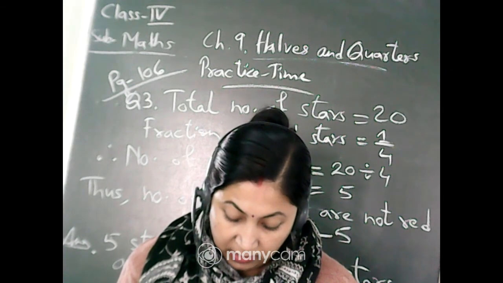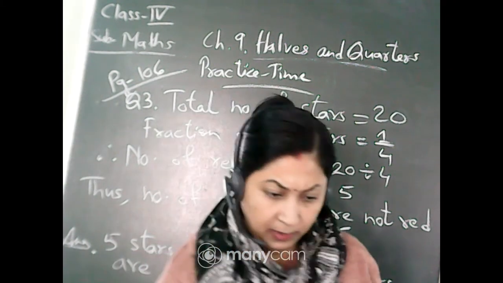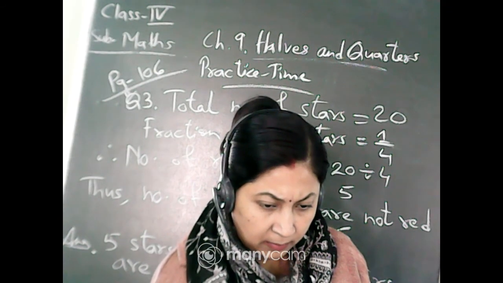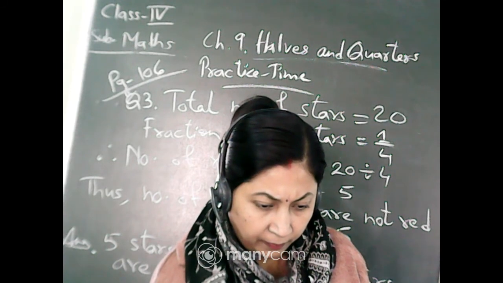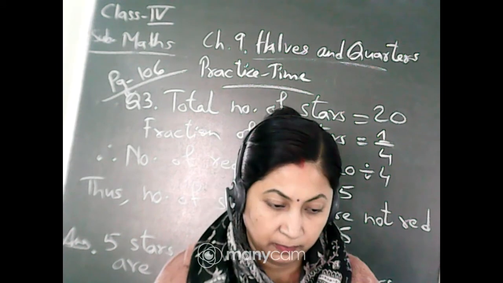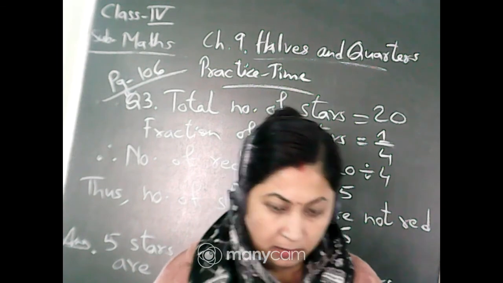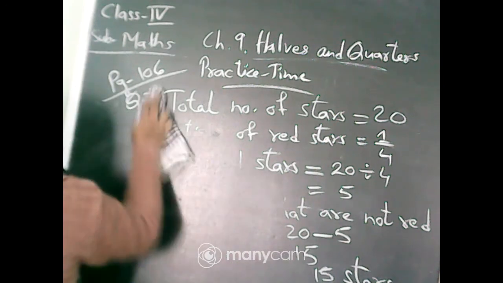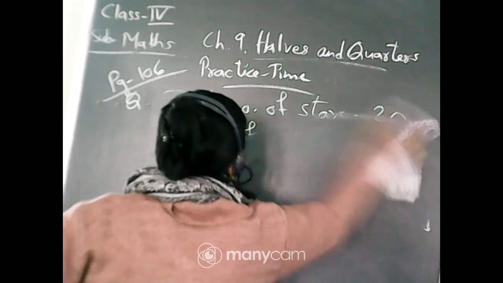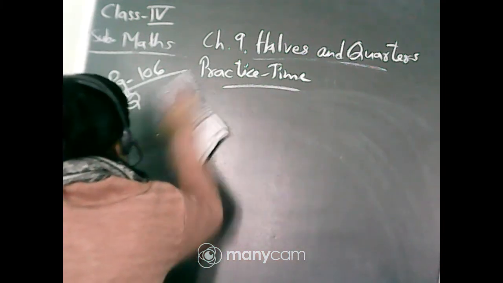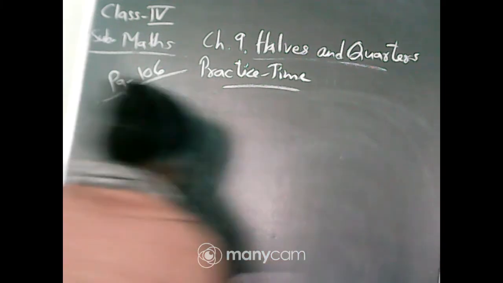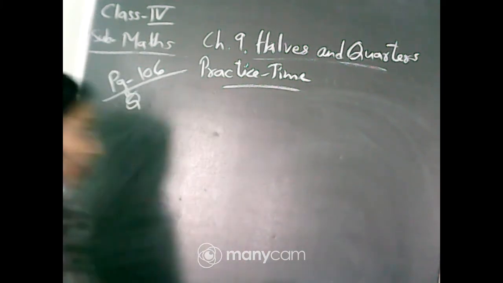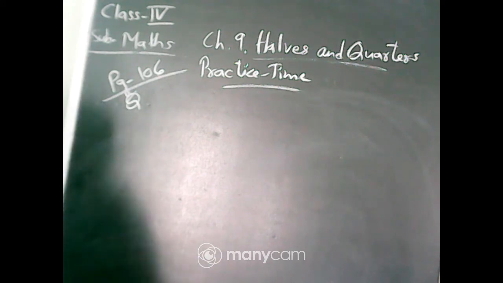Okay, let us write the last question. First of all, you will write money given by Ravi to the shopkeeper, isn't it?